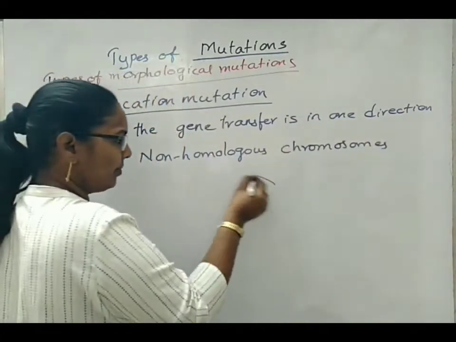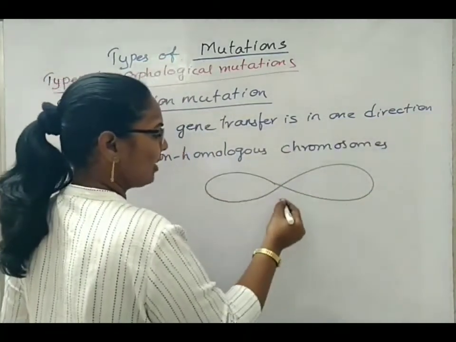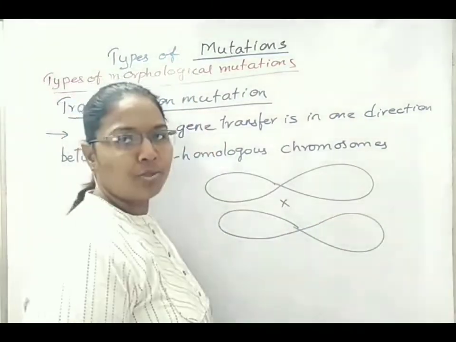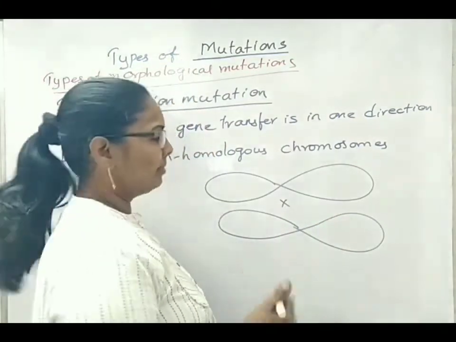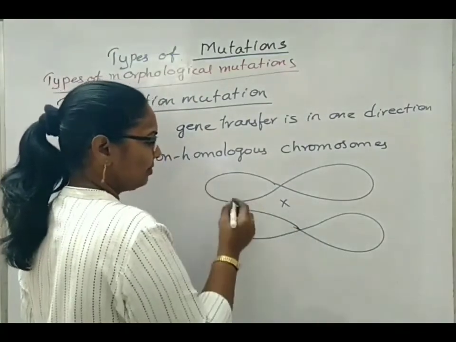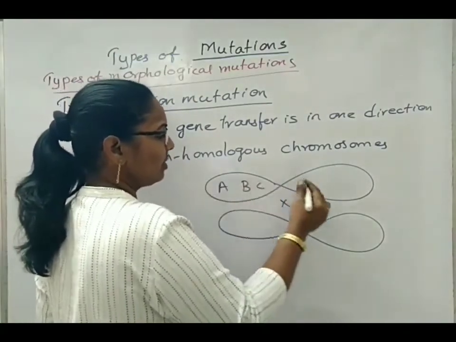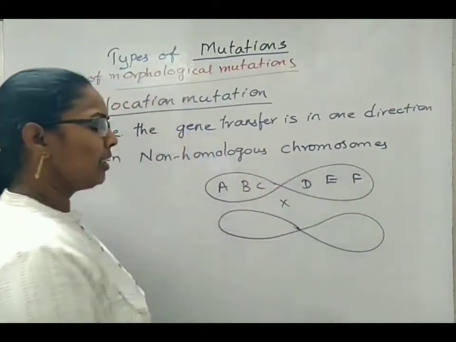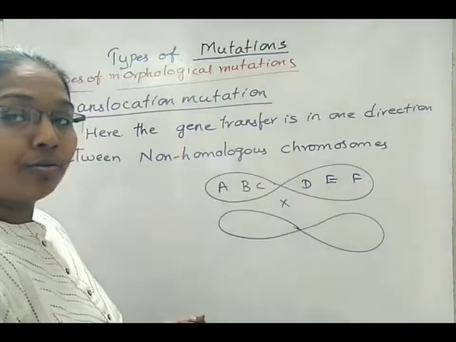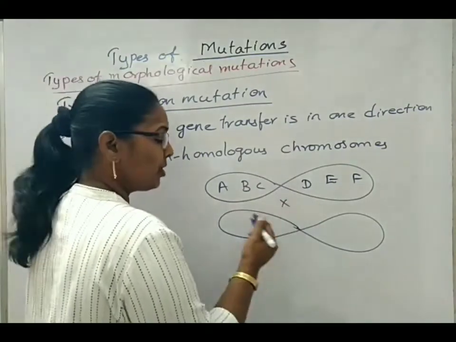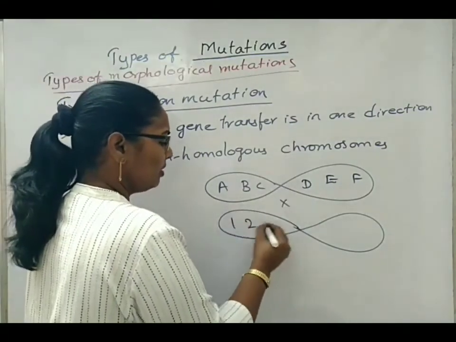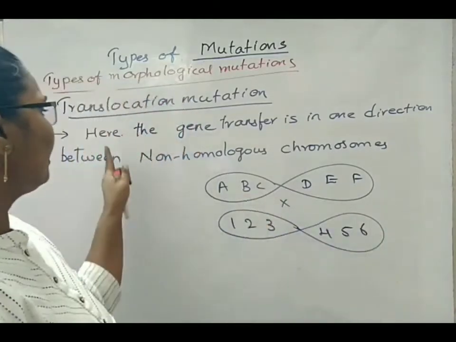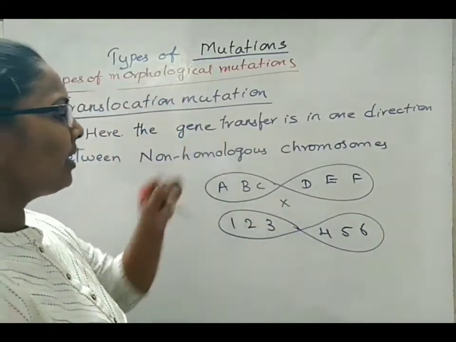If you see the same sentence in diagrammatic form, think that these both are not homologous chromosomes, but they are side by side. Now, take the genes A, B, C, D, E. Means different types of genes in different loci of the chromosomes, different positions on the chromosome: 1, 2, 3, 4, 5, 6. As I have given in the sentence, the gene transfer is in one direction.